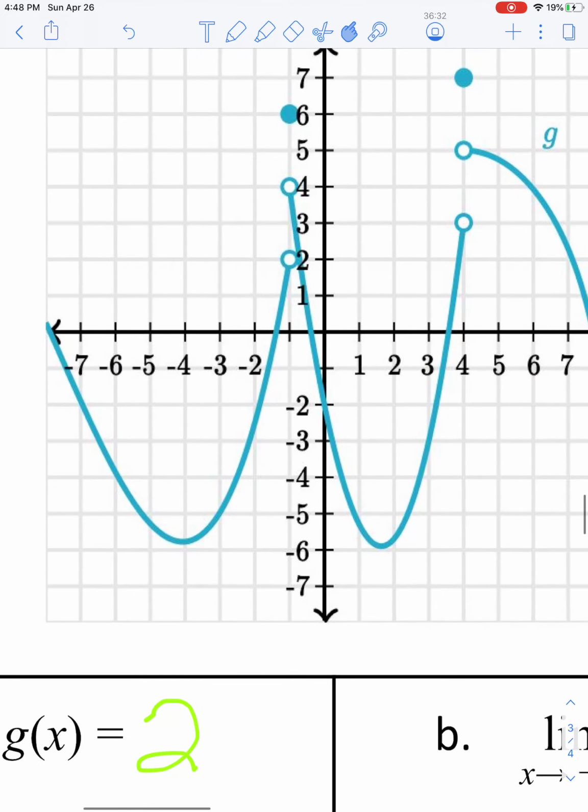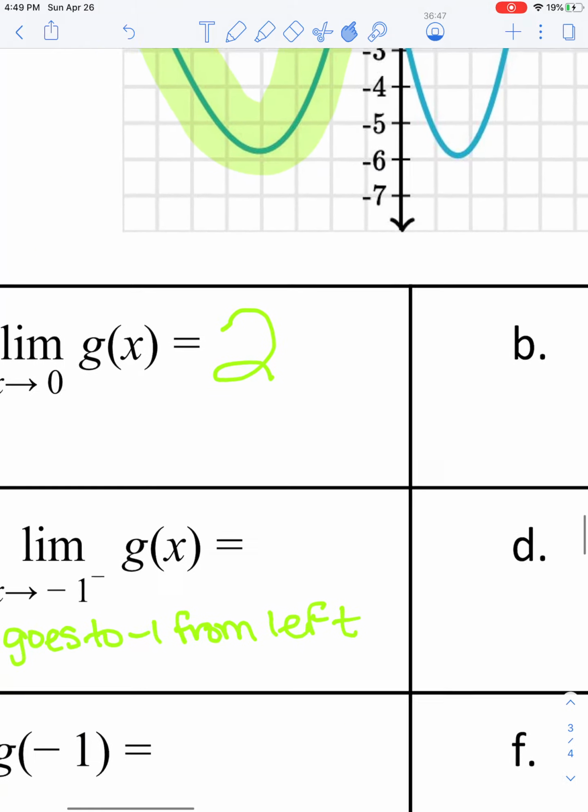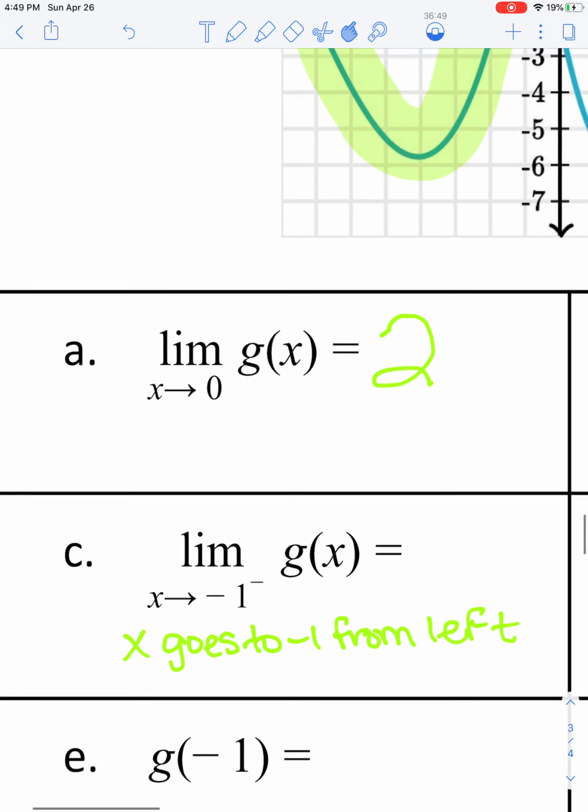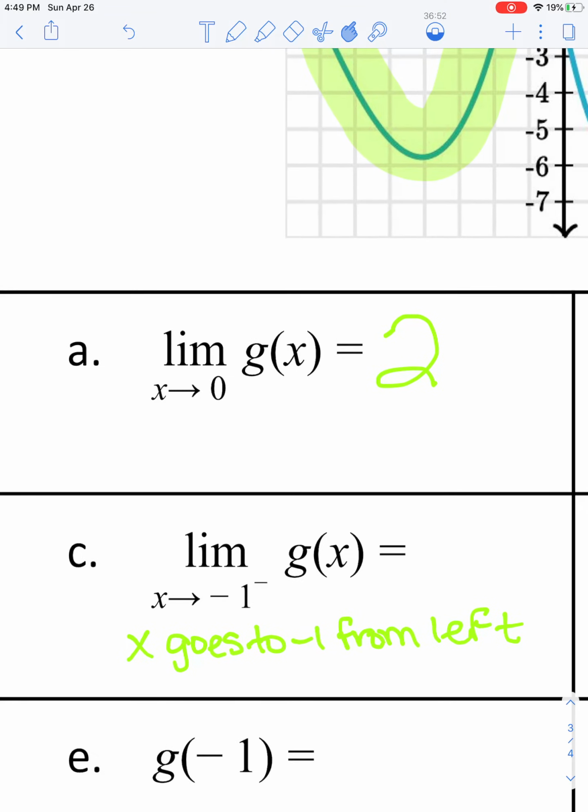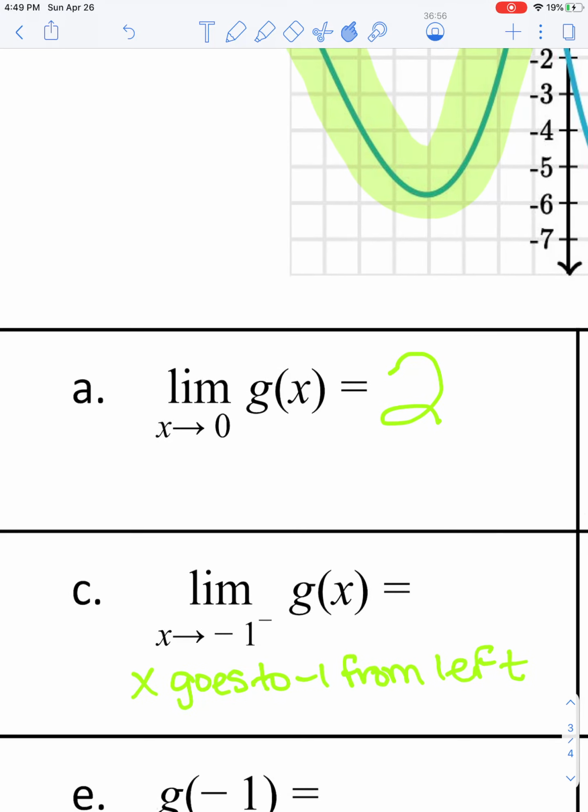So let's check out our graph. Looking from the left-hand side, approaching -1, we see that our function is approaching that value of 2. So the answer to part C is the limit as x approaches -1 from the left of g of x is 2.